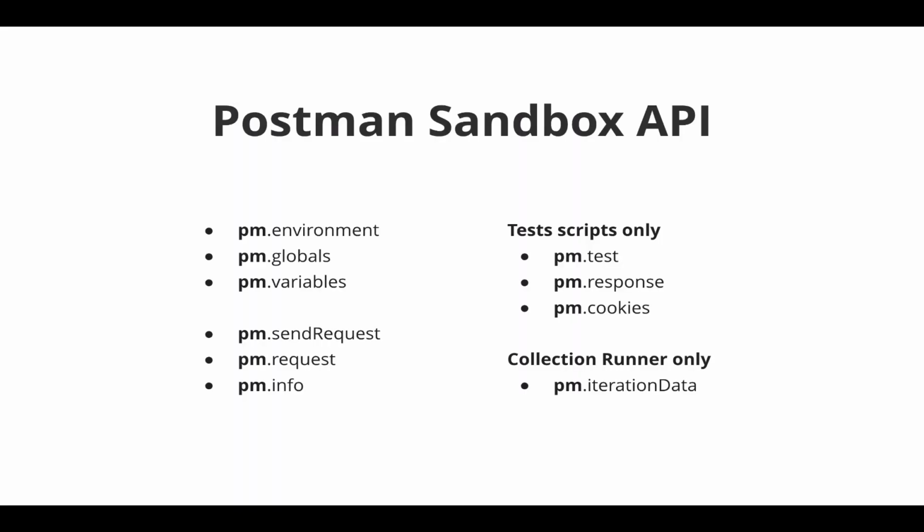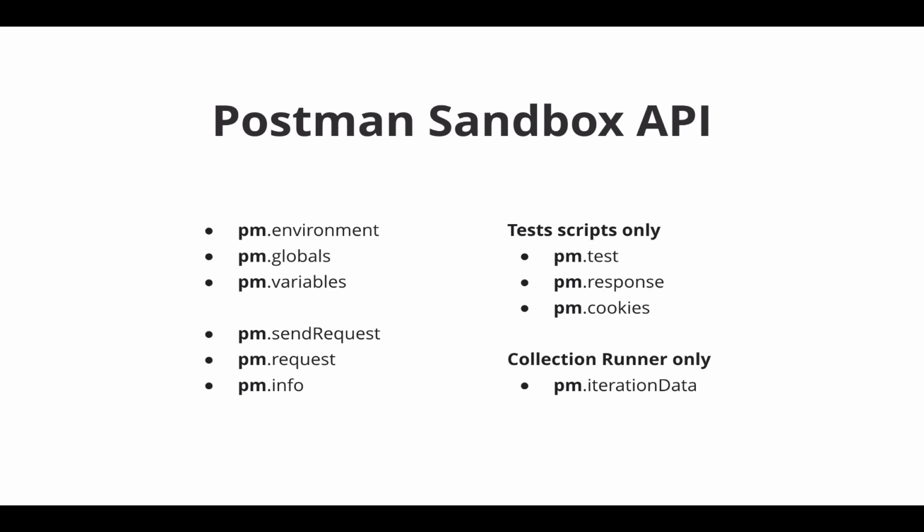Now, we already saw a small part of the Postman Sandbox API in the previous section when we talked about API testing. There we saw pm.test and pm.response, and these two are just a small part of a set of special variables and functions we provide within this JavaScript that we call the Postman Sandbox API.